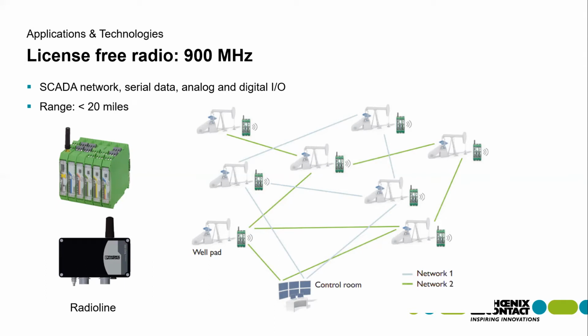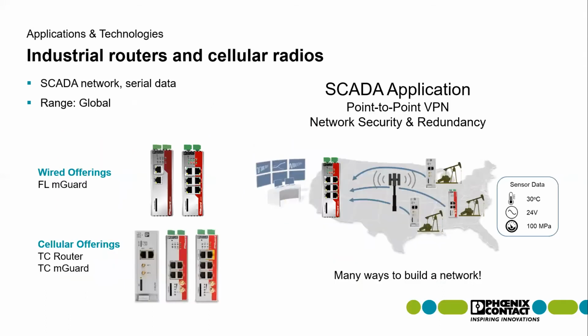But these products can have some issues. In order to get that full 20 miles, you need line of sight between all of your remote sites. If the trees start growing too tall and get in the way, you might have some connectivity issues. So we've seen that industrial routers and cellular radios are another alternative to 900 megahertz.